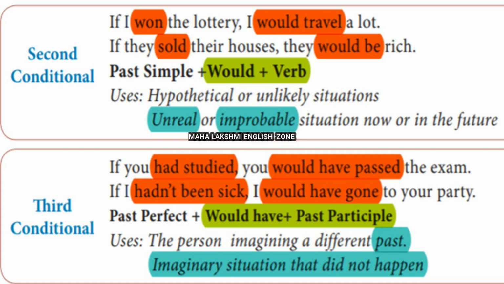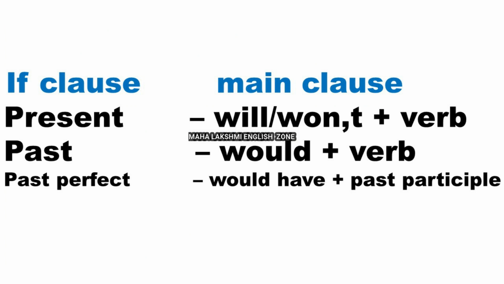So the third rule for our if clauses: if it is third conditional, the if clause contains past perfect and the main clause will surely have the would have plus past participle form. Remember these three things for if clauses. Only if you remember these three things, you can surely get the score in the if clauses.